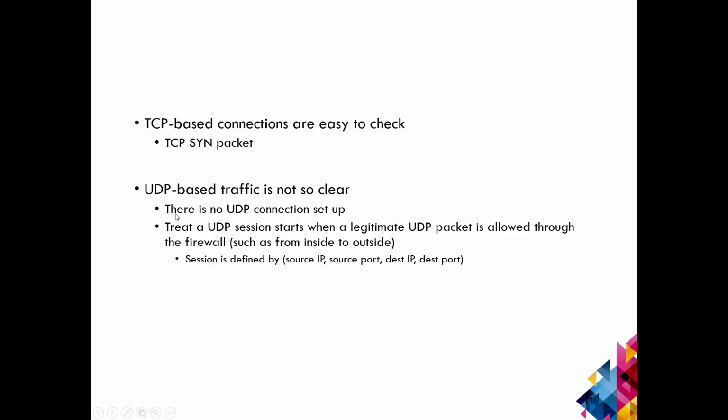UDP is most of the time the content of the packet. It's easy to identify for TCP because it's smaller in size and normally carries header information. But UDP is the content, and it's very hard to identify what is inside the UDP packet itself. The size of UDP is also quite bigger than TCP.